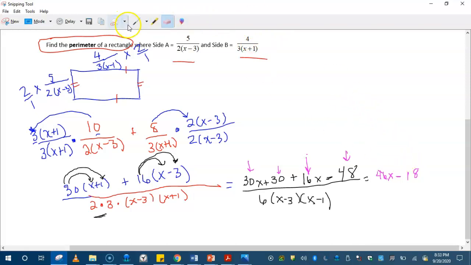All right, and all of this is over 6 times x minus 3, x plus 1. So here, my perimeter, there it is. My perimeter is equal to 46x minus 18 over 6 times x minus 3 times x plus 1.